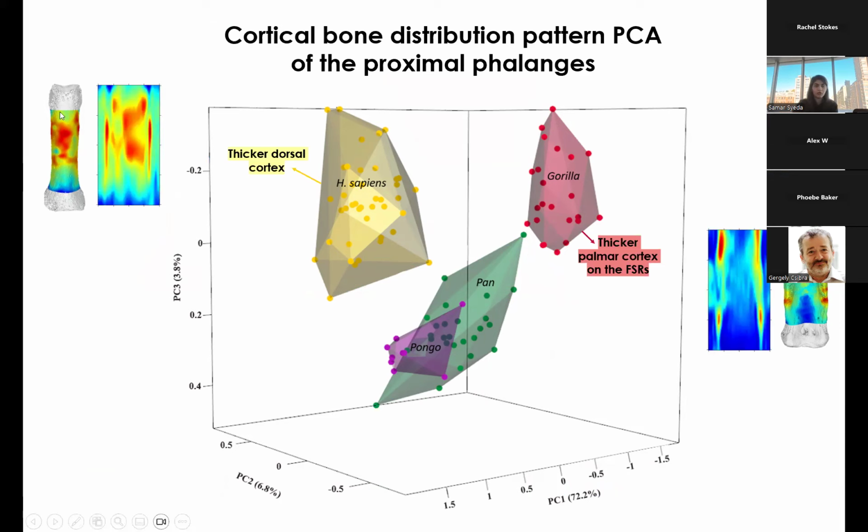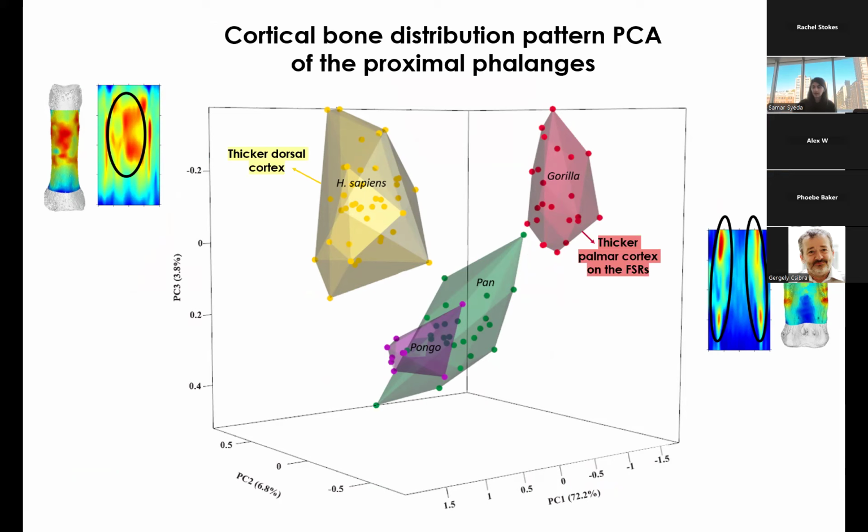These are just unrolled versions of the 3D maps. And you can see that humans are statistically different from the great apes because of this dorsal thickness, while the great apes on one end are determined by this palmar thickness, with the non-human great apes also showing quite decent separation due to their different locomotory modes.